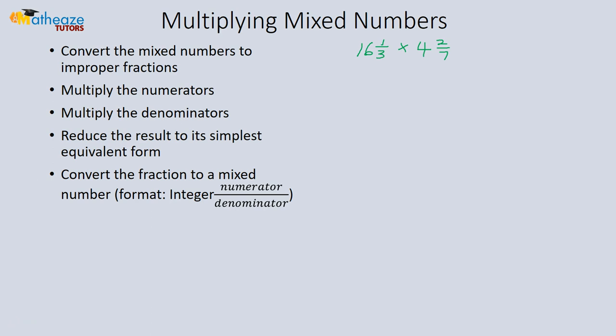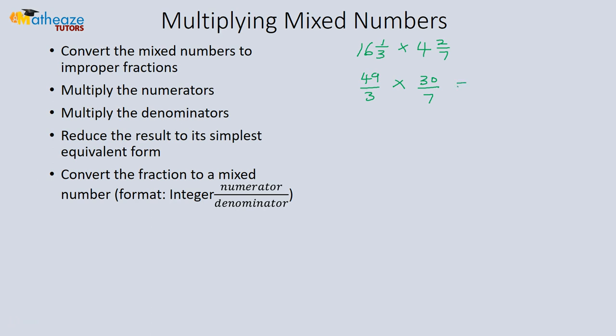So what we're going to do here is convert to improper fraction. 16 times 3, 48 plus 1, that's 49 over 3 times 4 times 7 is 28 plus 2. We have 30 over 7.